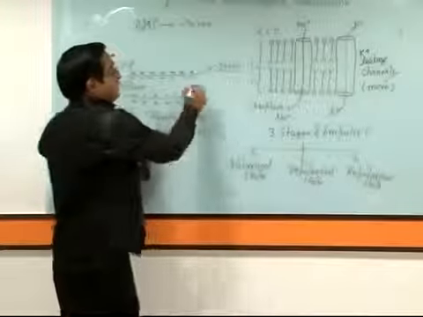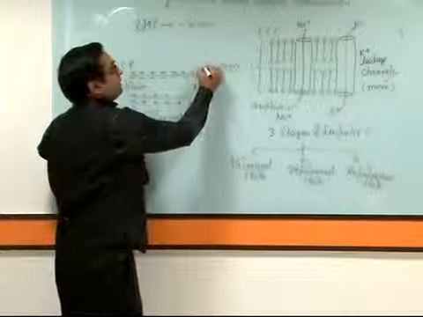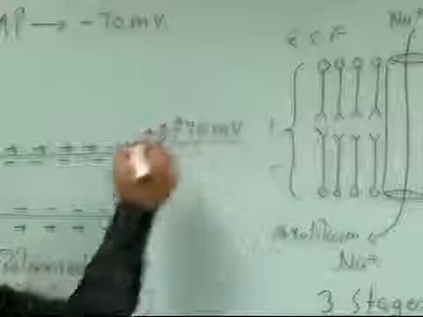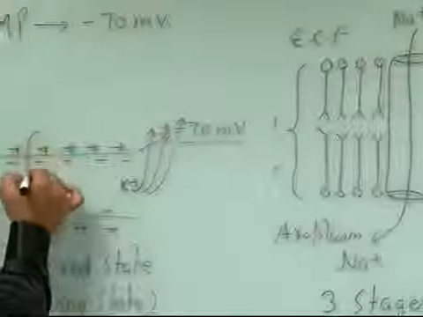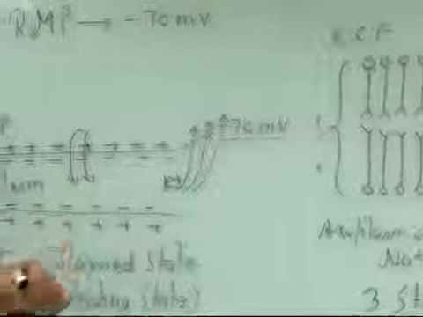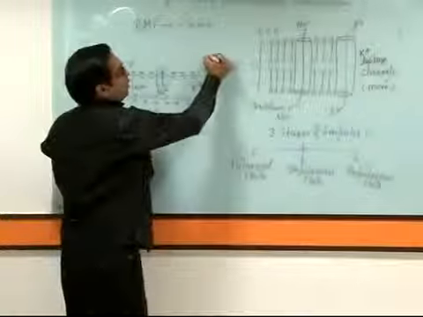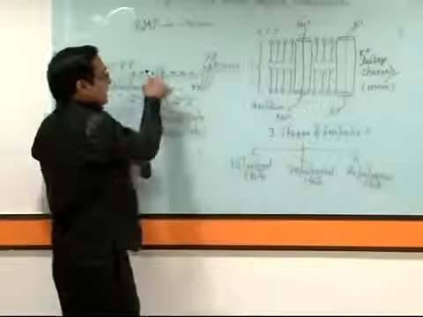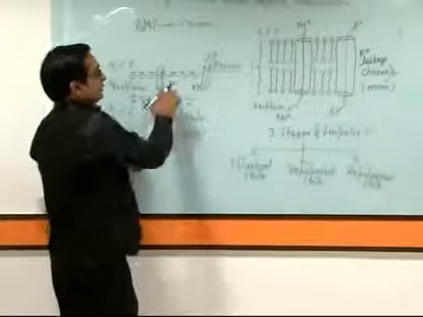So naturally, more positive ions are leaving the axoplasm as compared to the number of positive ions moving inside. So more of potassium is moving out and less of sodium is moving in.